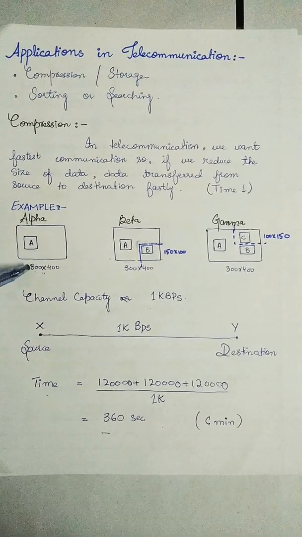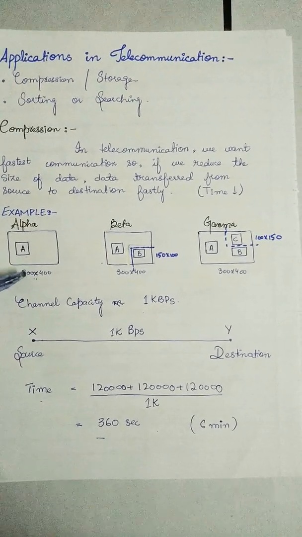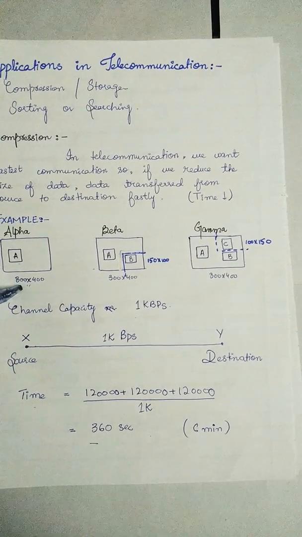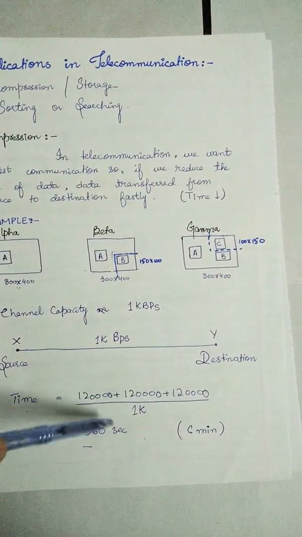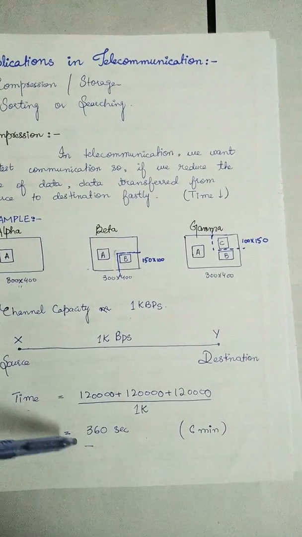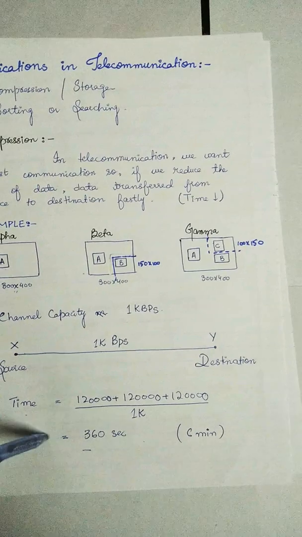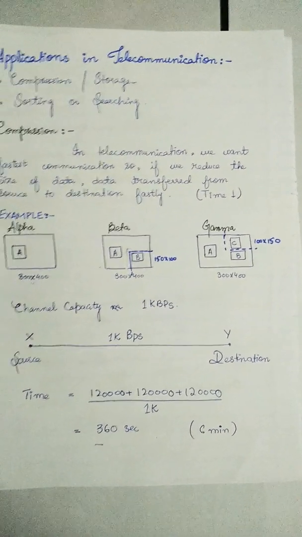So the first figure is 300 cross 400. Calculate the time. It is 120k, 120k, 120k divided by the channel capacity. So the total time is 360 seconds, that is approximately equal to 6 minutes. Now we apply the DSP technique.